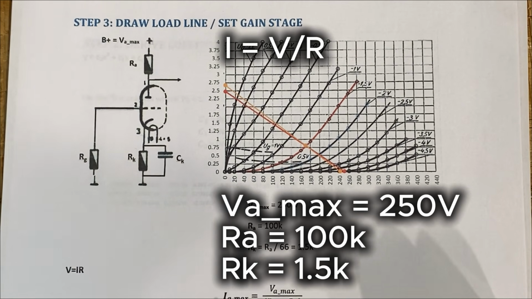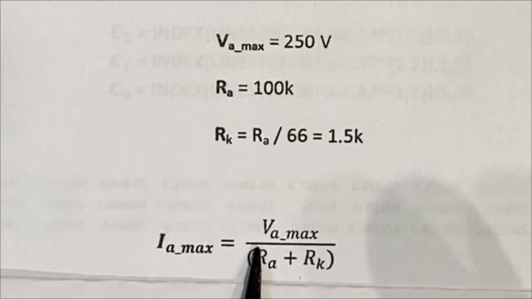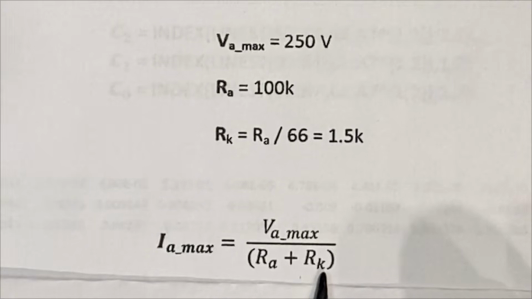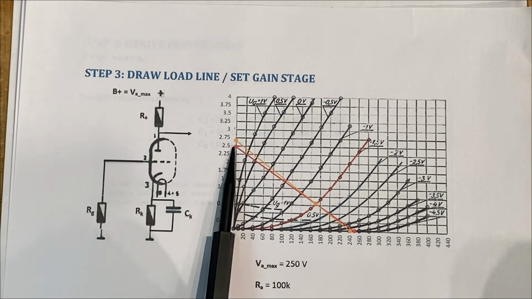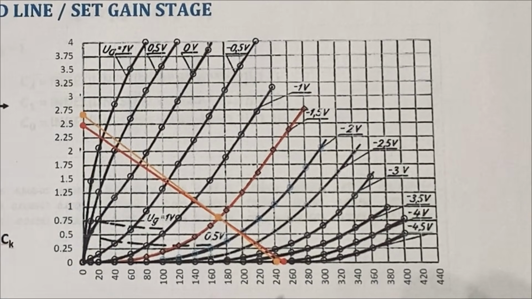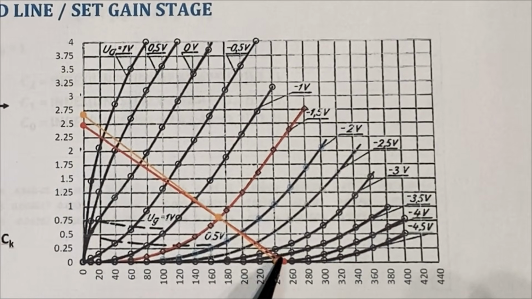So my maximum anode current is going to be the maximum anode voltage divided by the sum of the plate and cathode resistors. And in this case, that winds up being just under 2.5 milliamps. So I've got a straight line defined by these 2 points, the maximum voltage and the maximum current. That is my load line.